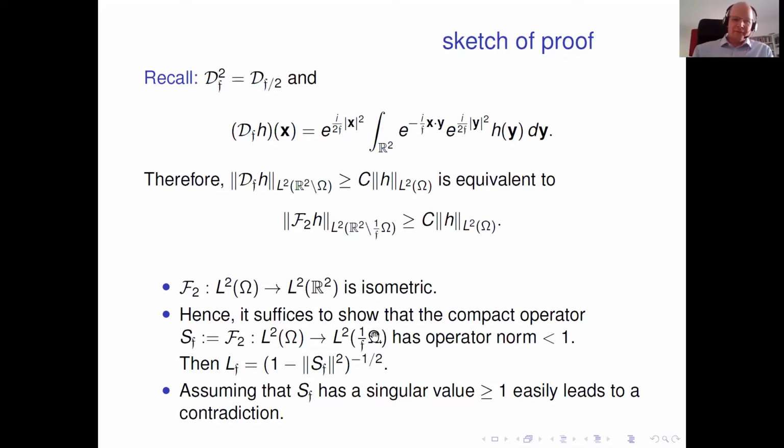And the Fourier transform is isometric. And then basically the norm of this operator here can be bounded in terms of this operator S, which just maps between two spaces on bounded domains. It's basically the Fourier transform restricted to these two bounded domains. We have to show that it has operator norm smaller than 1.